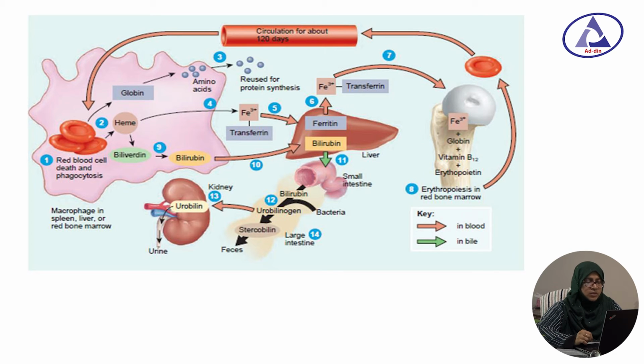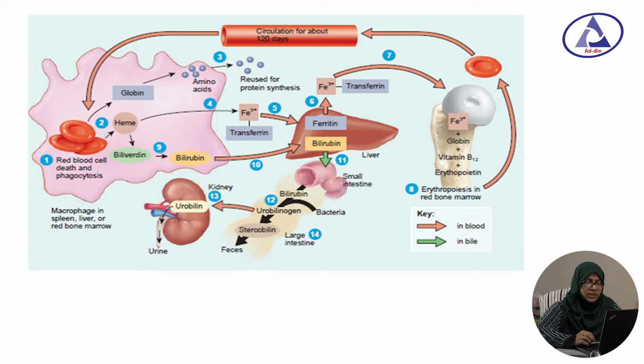This bilirubin enters the circulation as unconjugated bilirubin, then goes to the liver, and here its conjugation occurs. After that, in number 11 you can see that the bilirubin is secreted through the bile into the small intestine.